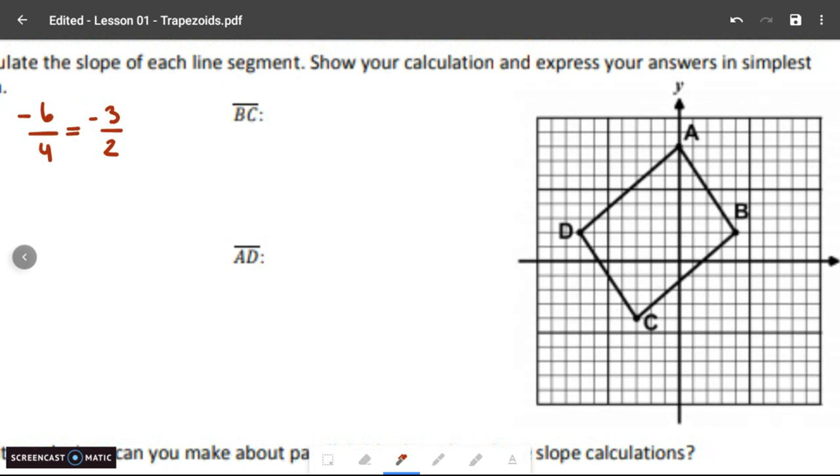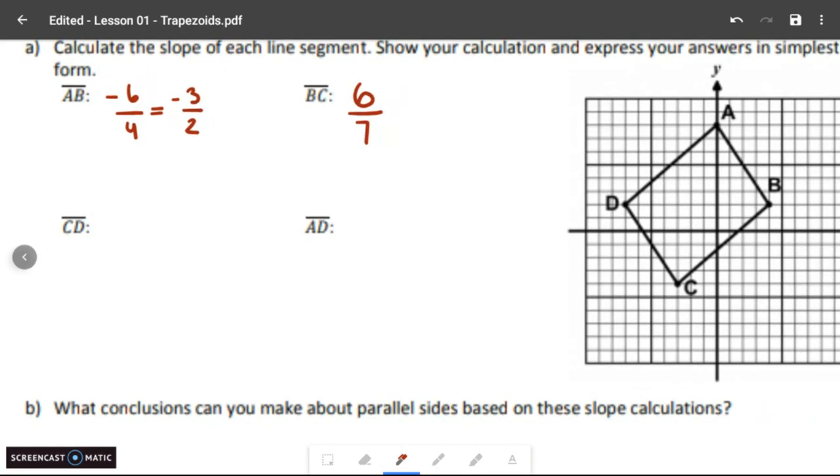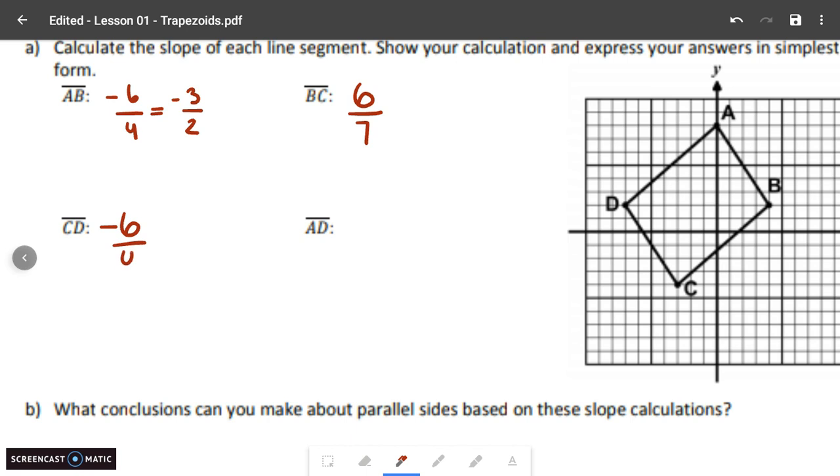BC, we're going up 6 over 8. CD, we're going down 6 over 4. Again, it's going to simplify to negative 3 over 2. And AD, 6 over 8.